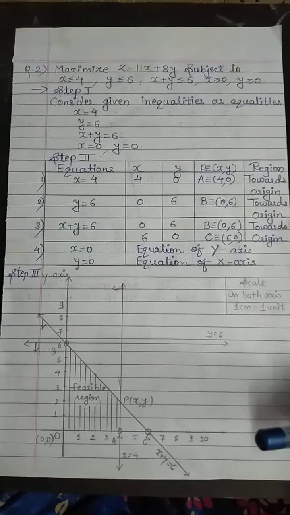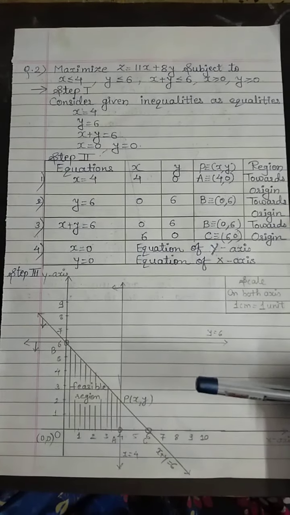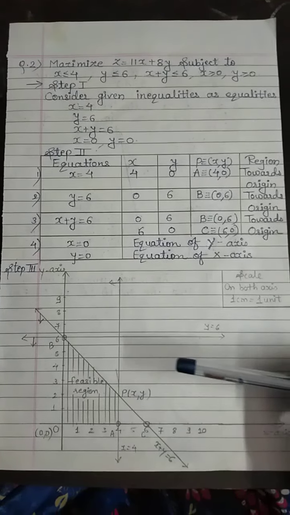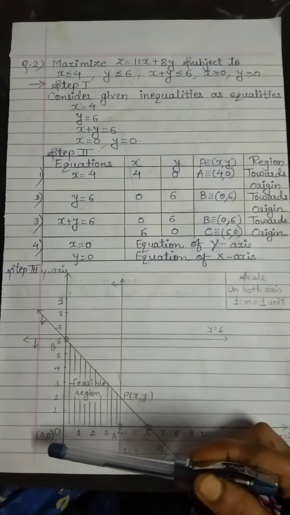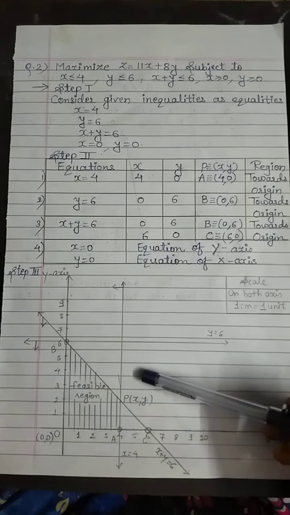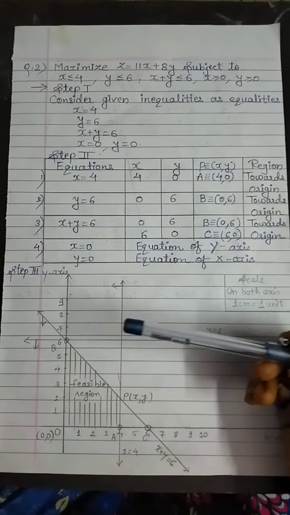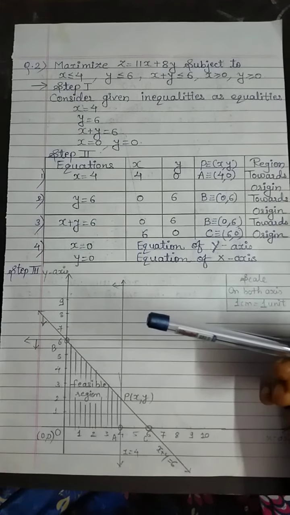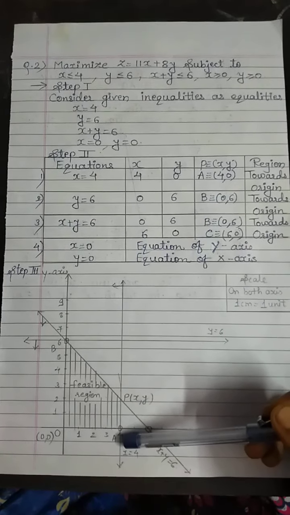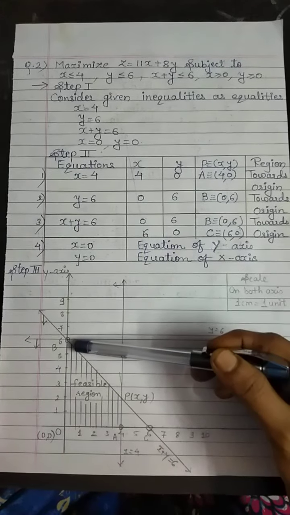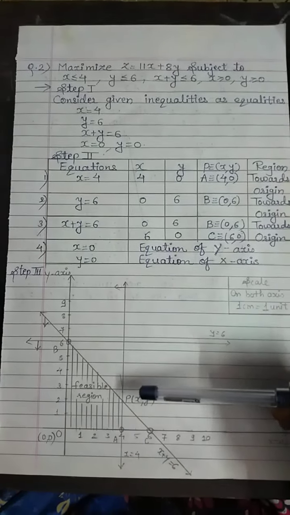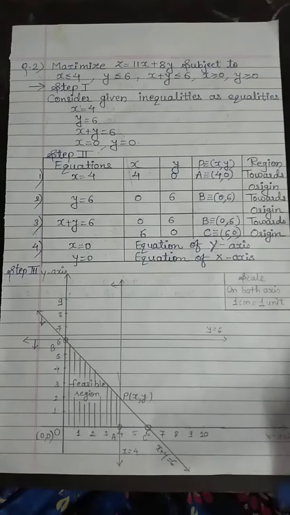Now in step number 4, we will write the corner points of the feasible region. So the corner points are O, A, P, B. Now we know the coordinates of O(0, 0), A(4, 0), B(0, 6), but we don't know about P, so we call that (x, y).